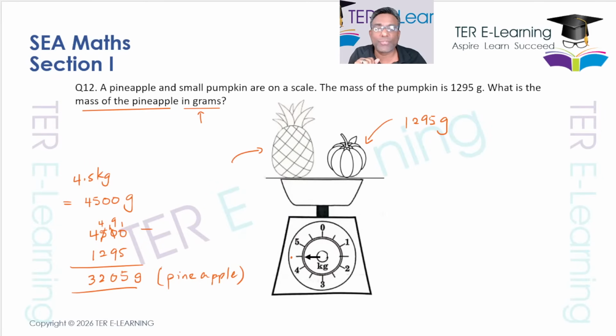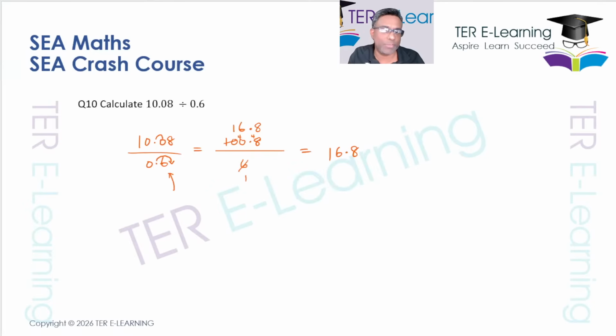Now let me just go back to the decimal question a sec here. With the decimal question, guys, you want to work out 10.08 divided by 0.6. When you are doing a division, especially with decimals, your divisor needs to be converted into a whole number first.